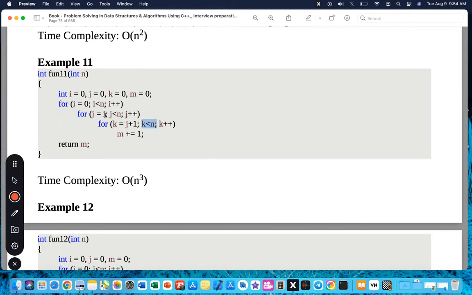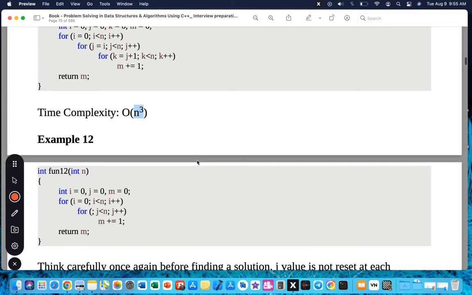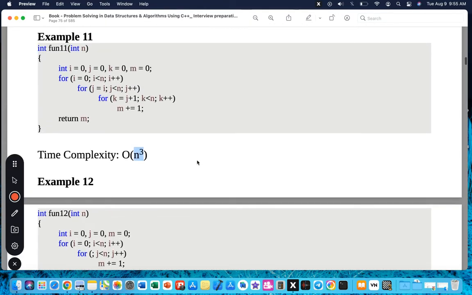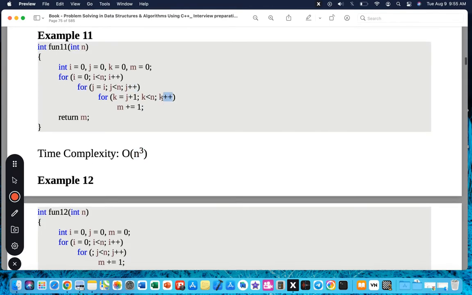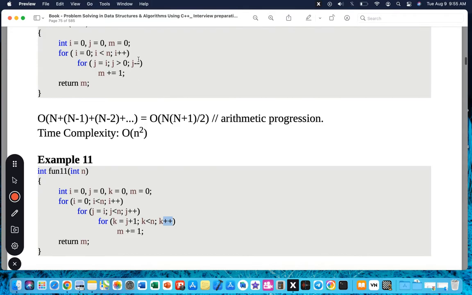So they are depending on each other. This is called n cubed. And if we noticed, it's all incrementing. So it's not really similar to the previous one, but yeah. So this is n cubed, all right.